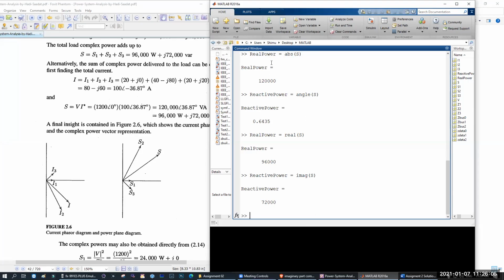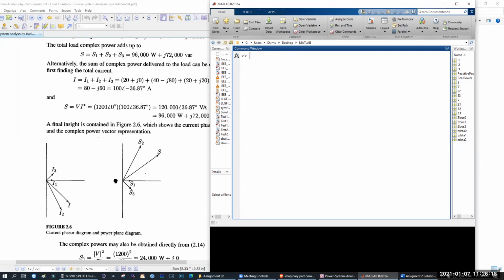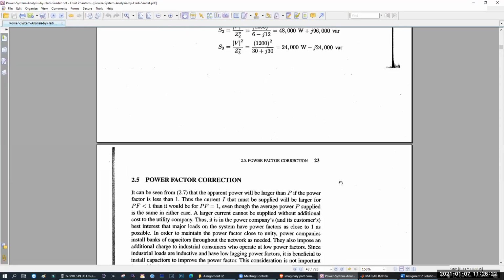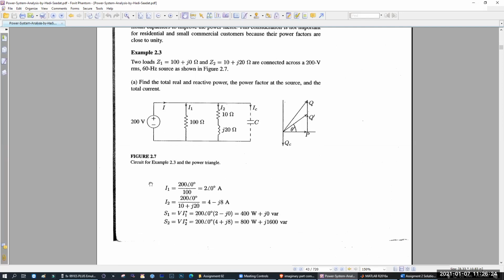So angle and absolute are actually different things, the angle and the magnitude. Real power and reactive power are the real and imaginary parts. Now you know how to do it. Sometimes you can make a mistake like I did, but you can always search in Google and get it.